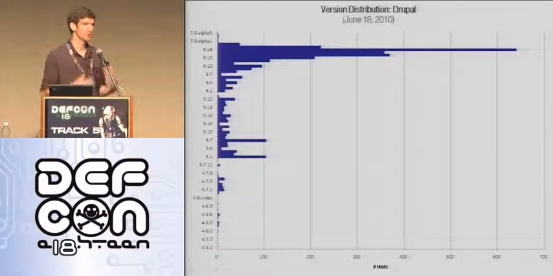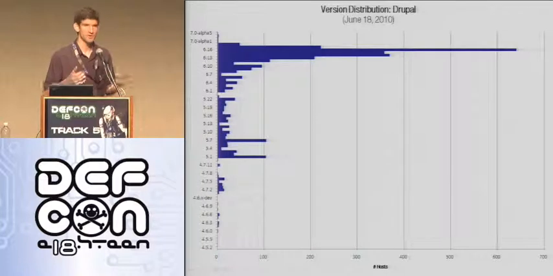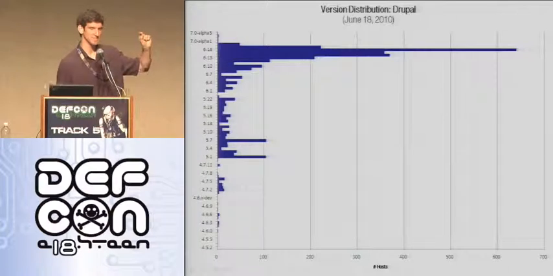The question is, is that good enough? We know that all web apps out there have security problems and people do updates. So how do you guys think people are doing in terms of serious vulnerabilities? I've got a line on here that shows how up to date people are, or rather how many people fall below the line: if you're updated to here, you're safe from any serious vulnerabilities.